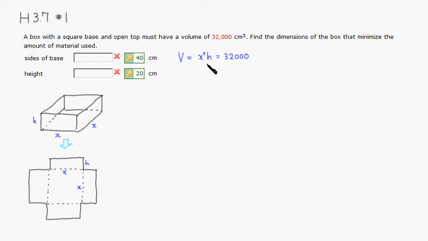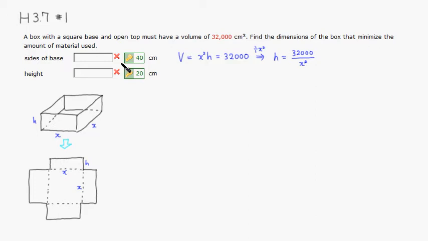Since we can solve for h, I'm going to go ahead and do that. Divide through by x squared, and h is equal to 32,000 divided by x squared. So we have a way of rewriting h in terms of x.